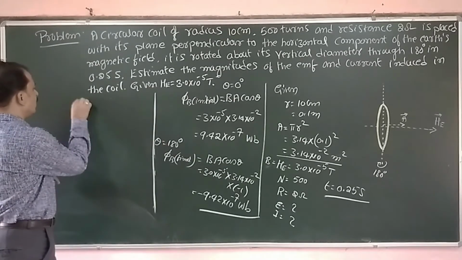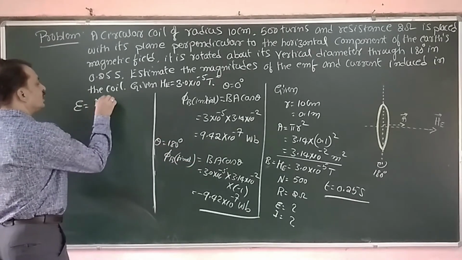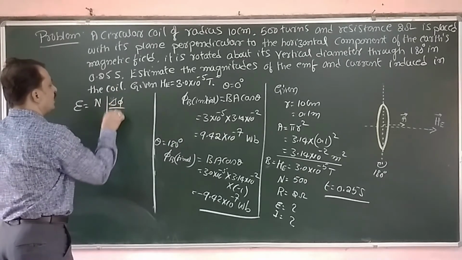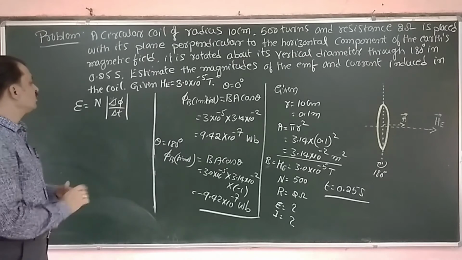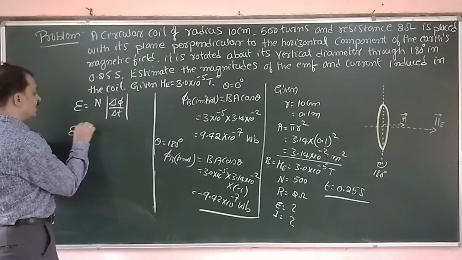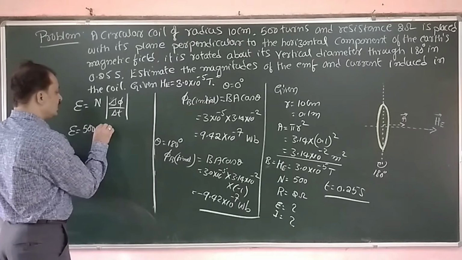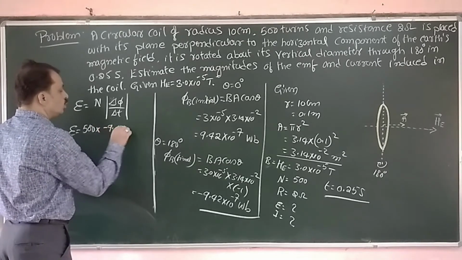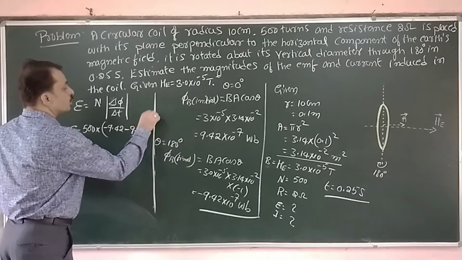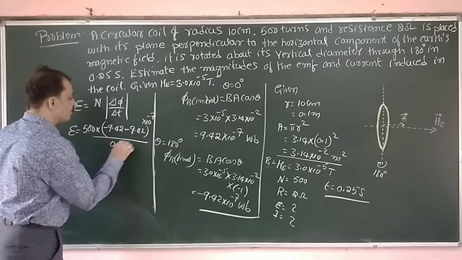Now we have to calculate. Now the induced EMF is equal to, since it is having a number of turns, N into delta phi by delta T, magnitude of rate of change of flux. N is given, it is 500 into final minus the initial, it is minus 9.42 minus 9.42 into 10 to the power of minus 7 divided by delta T, time is 0.25.